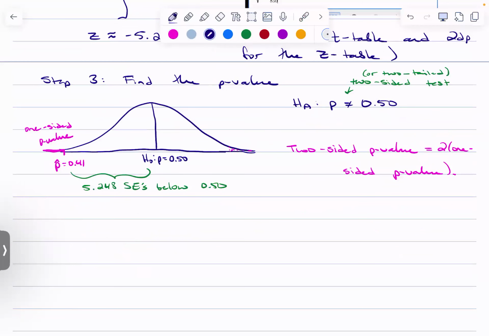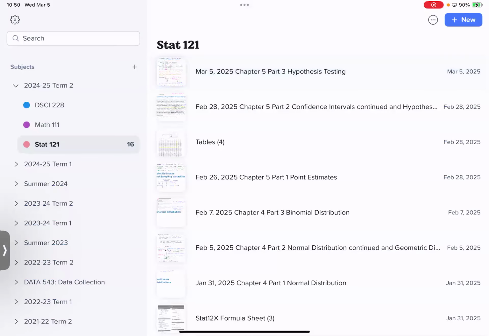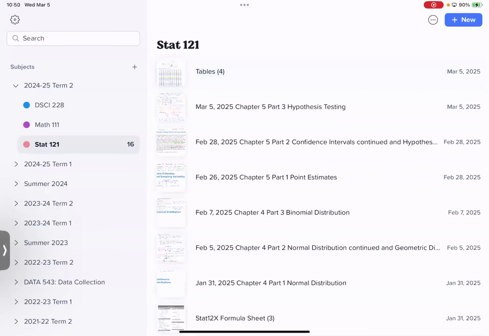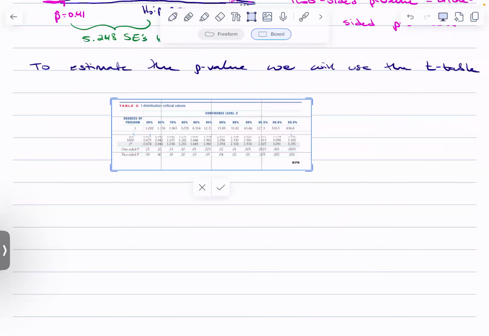But first, the t-table. To estimate the p-values, we will use the t-table. I'll grab the part that we need here, copy. Which is just a little shorty version.